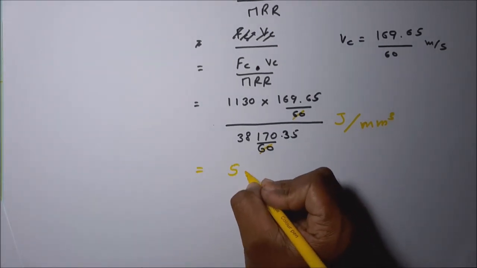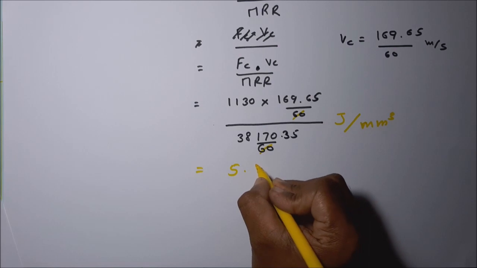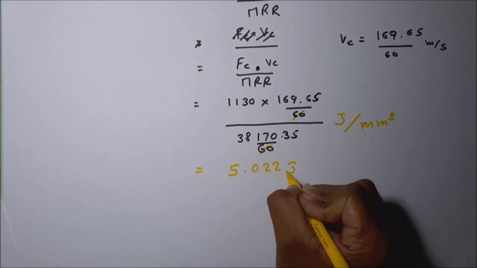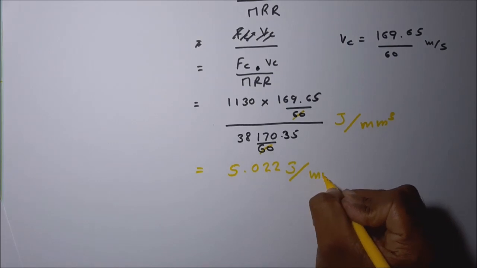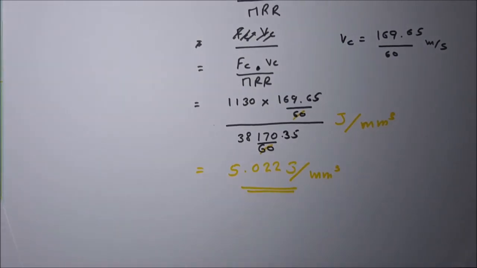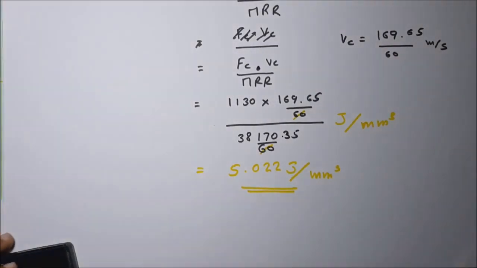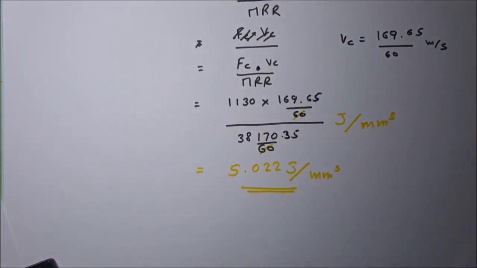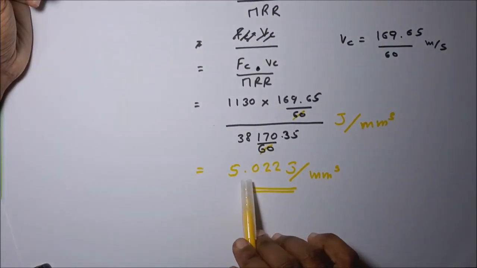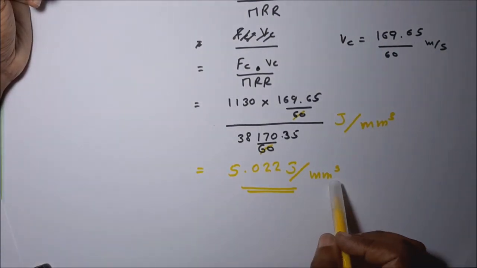I am getting this answer, 5.022 joules per cubic millimeter. Please check this answer. Let me check it again. Yes, this is the answer we are getting: 5.022 joules per cubic millimeter.